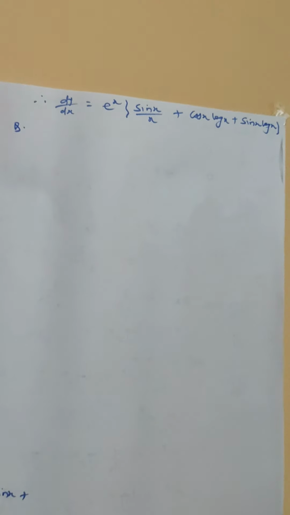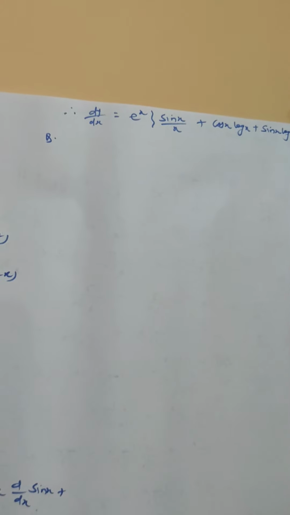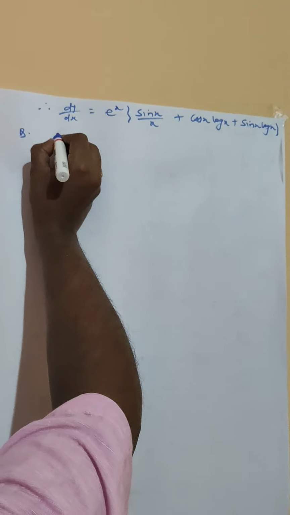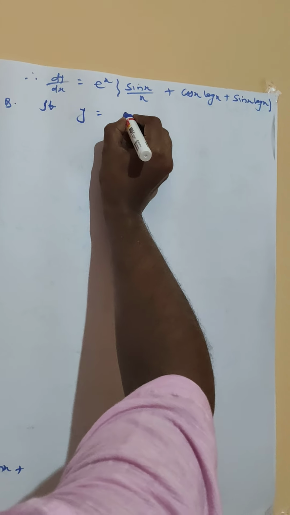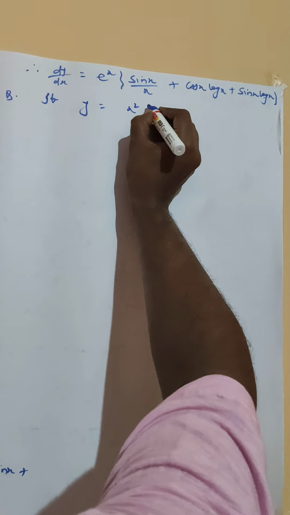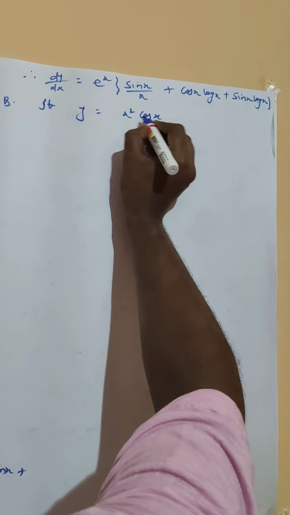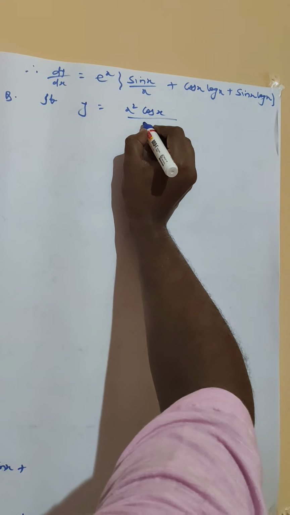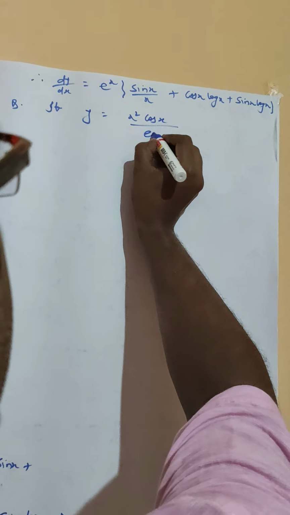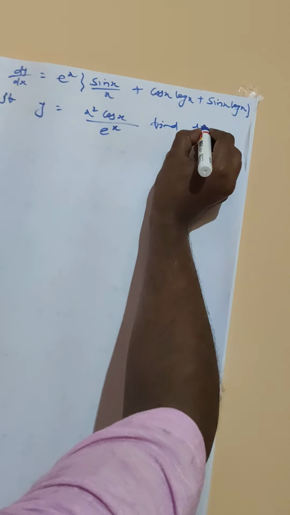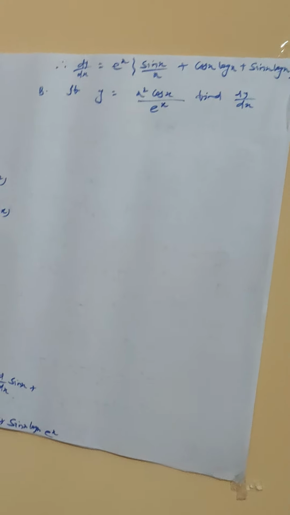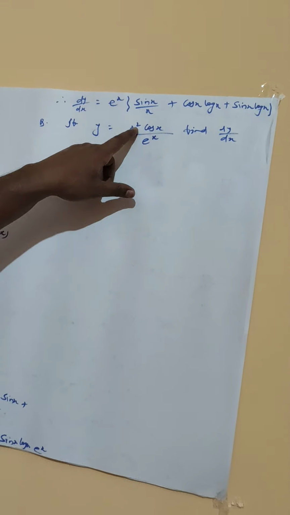Now next question, u by v form. If y equals x squared cos x by e to the power x, find dy by dx. This is in the form of u by v.